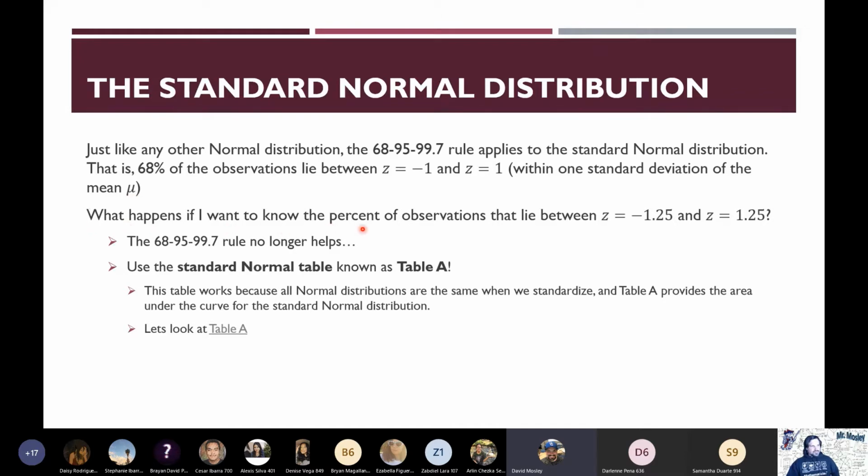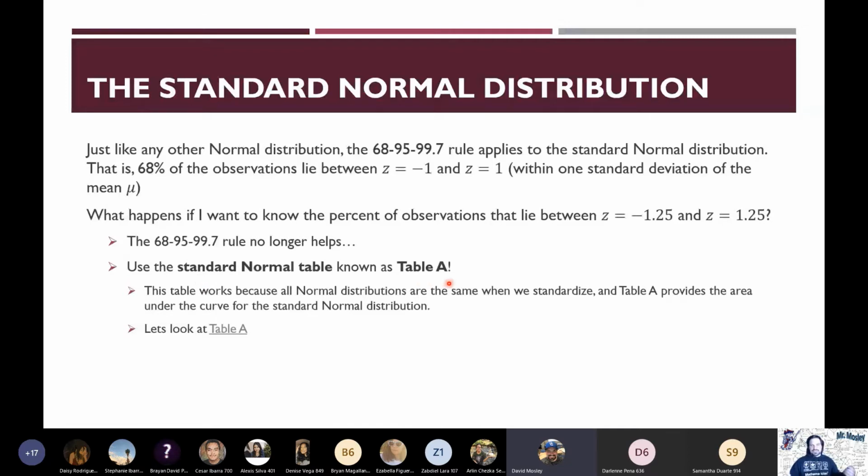What happens if I want to know the percent of observations that lie between z equals -1.25 and z equals 1.25? I no longer can use the 68, 95, 99.7 rule because that only uses standard deviations of 1, 2, and 3 away from the mean. So that means we need to use the standard normal table known as table A.